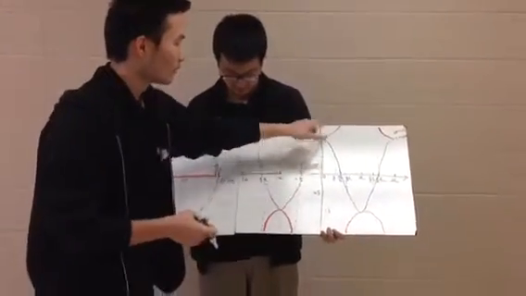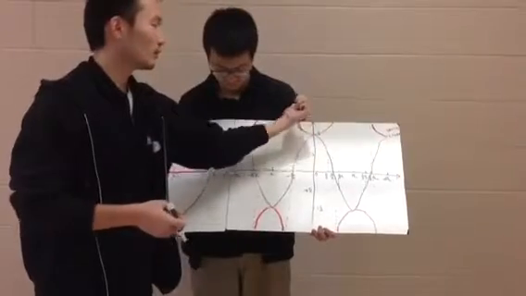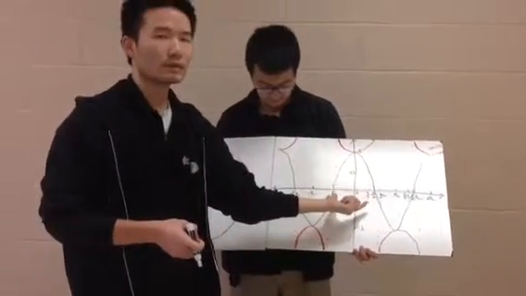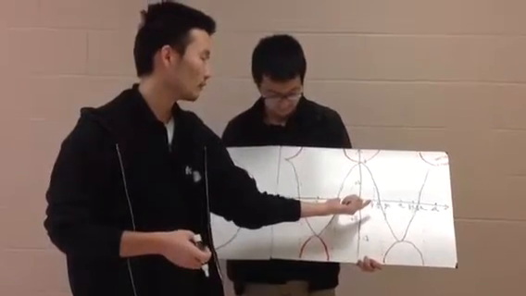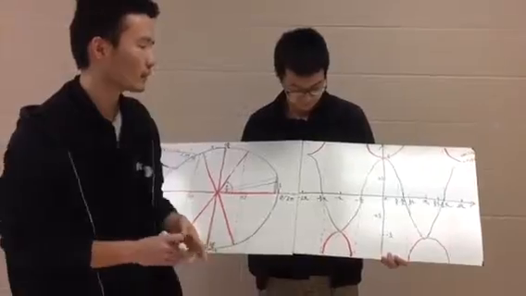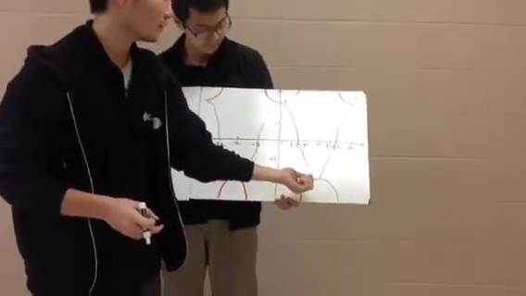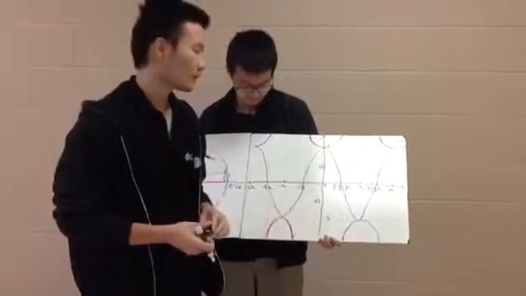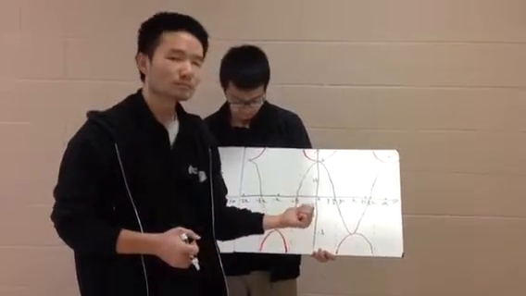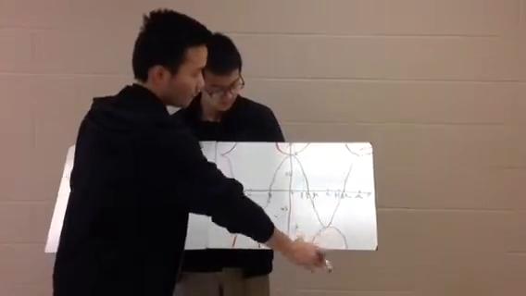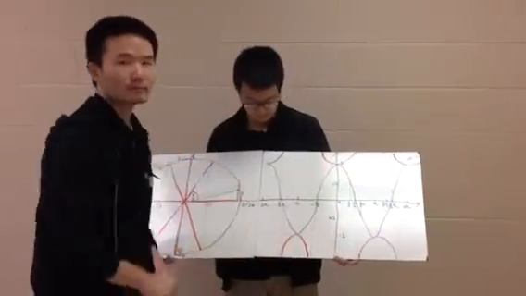So you can see when it approaches negative and positive 90 degrees, it goes to infinity. And when it approaches 0 from the negative direction, it goes to negative infinity. You can see that in this part.